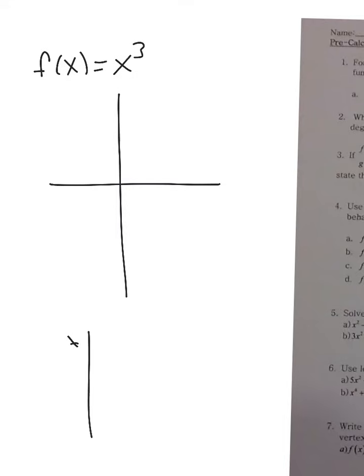Right, so here's my table of values. This is for x to the third power. So it's negative 2, negative 8, negative 1, negative 1, 0, 0, 1, 1, and 2, 8. So plot the points.